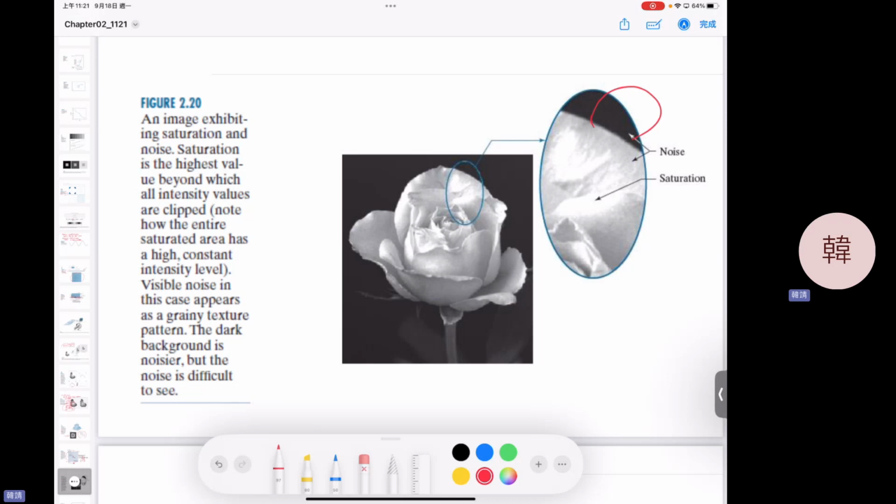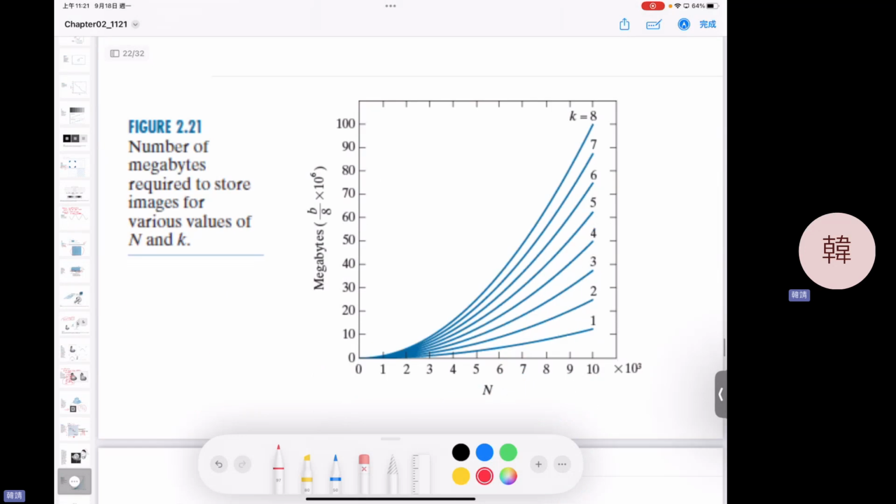Otherwise, if you use equal spacing, you cannot see a lot of noise there. So I think it's still very straightforward. You have different numbers of pixels and different gray levels of intensity. So this is the size of the image here, and you have different intensity there.